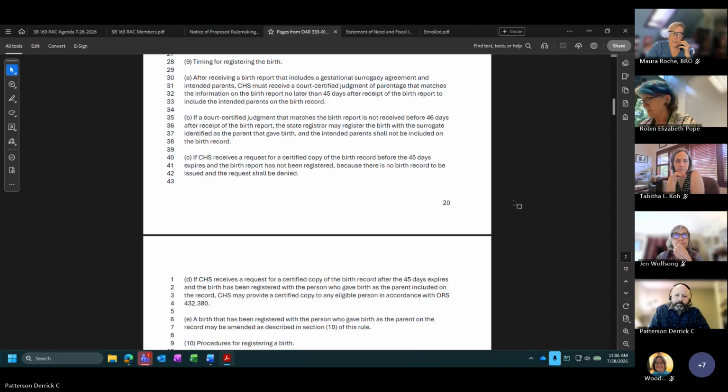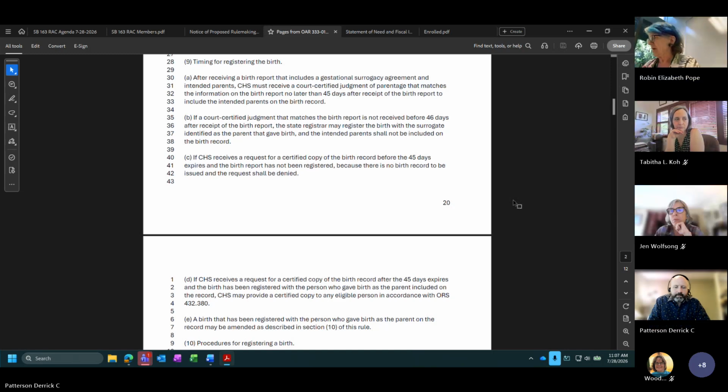And then C, it doesn't make sense to me. And D, I guess, so again, the person who gave birth should not be listed as a parent no matter what, because that's not what the law says. So D could be stricken. And then, I mean, E is a catch-all just in case by accident somehow the person who gave birth is registered as the parent, but then that would give the option of being able to amend the record.